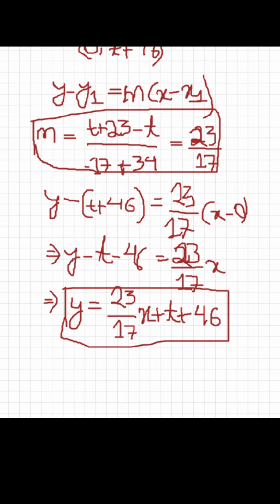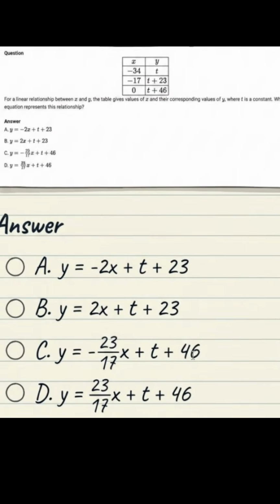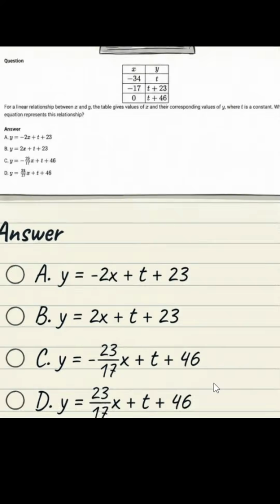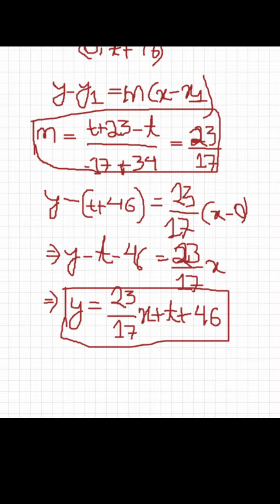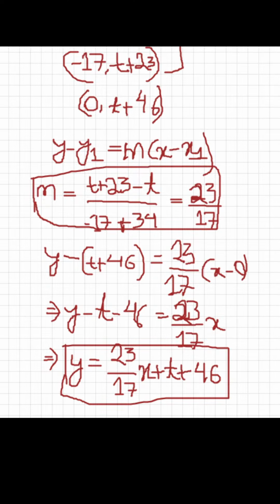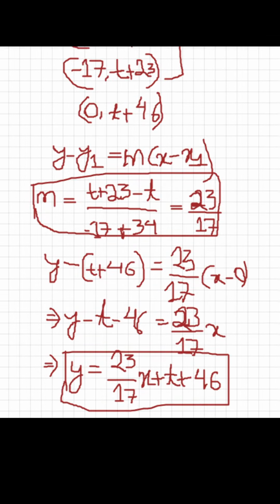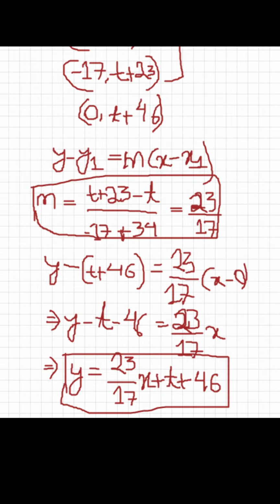So we'll check with the options. The last one is the correct: y is equal to 23 by 17x plus t plus 46, that is option D. So D is the correct answer. You can have a look at this question, and then you can have a look at the solution ones. So these three are the points on the line.